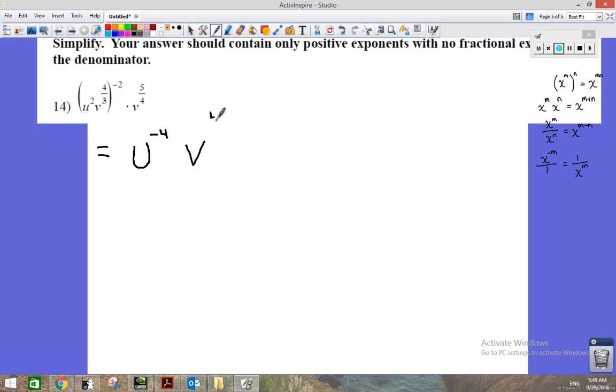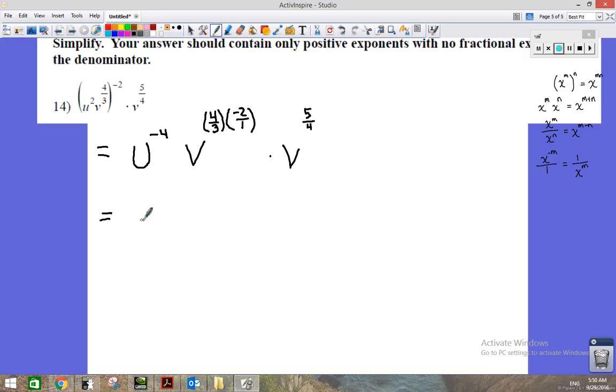Now when you multiply fractions together, it's easier than addition or subtraction. I've got positive 4/3. I'm going to write negative 2 as negative 2 over 1. And now when I multiply them, I'm just going to multiply straight across the numerators and straight across the denominators. Now I have another base of v out here, and this v is being raised to the 5/4.